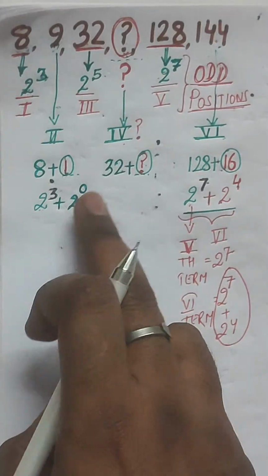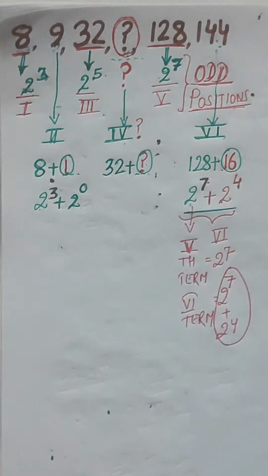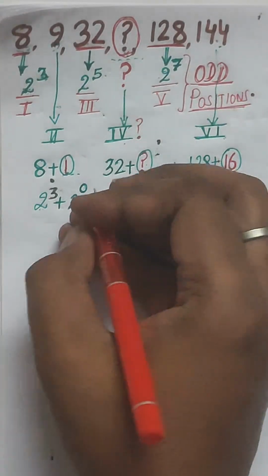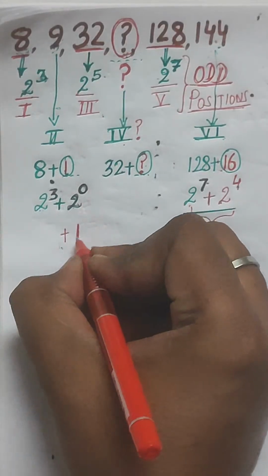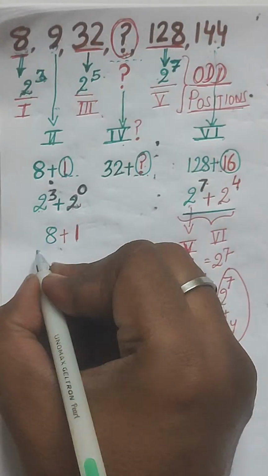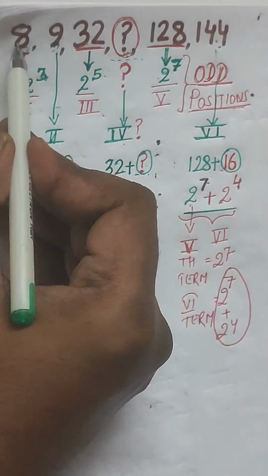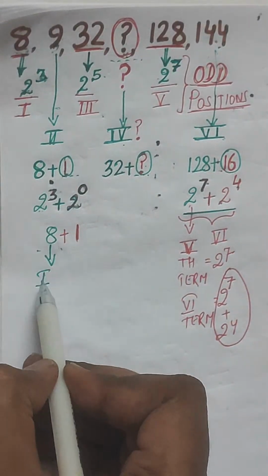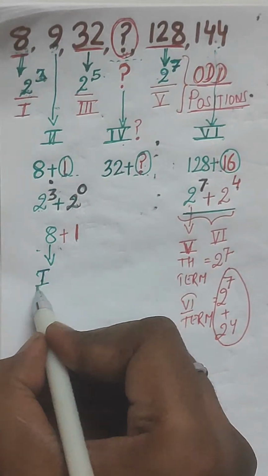Because anything power 0 will be 1, right? So here if it is 2 power 0, it will come as 1, right? And 2 power 3 is 8, already 8. So 8 is the first term, 2 cube, right? This is the first term.